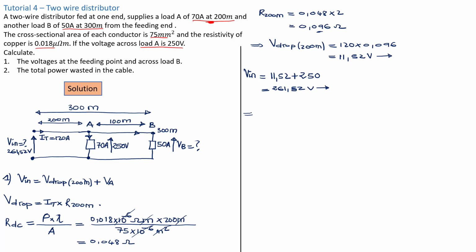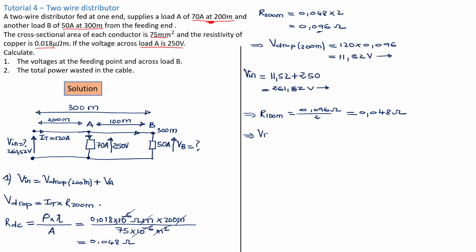So we can deduce that R 100 meters, because this section is 100 meters, is equal to 0.096 ohm divided by 2, and that will just give us 0.048 ohm. So that's the resistance on that section. Now we can calculate our V drop.